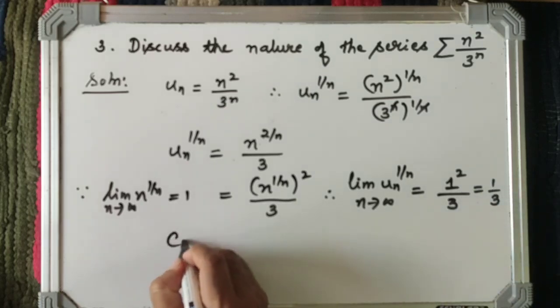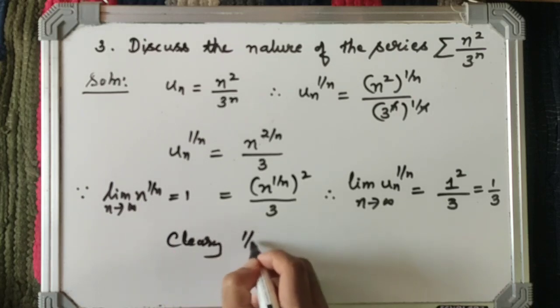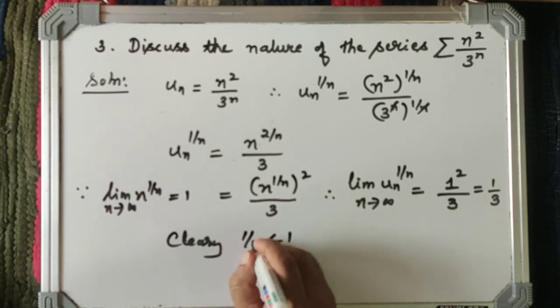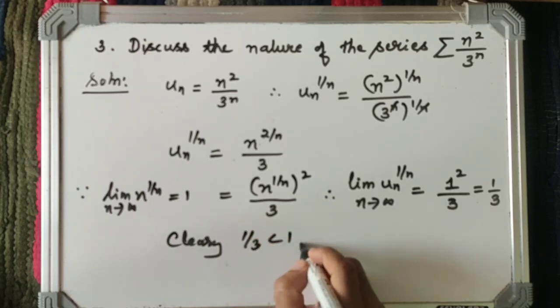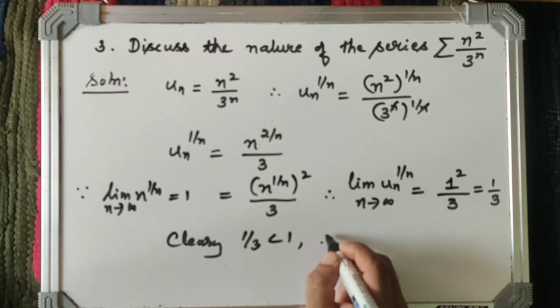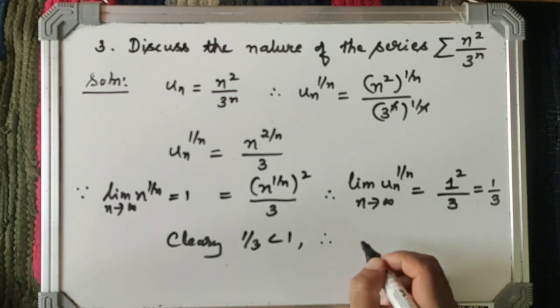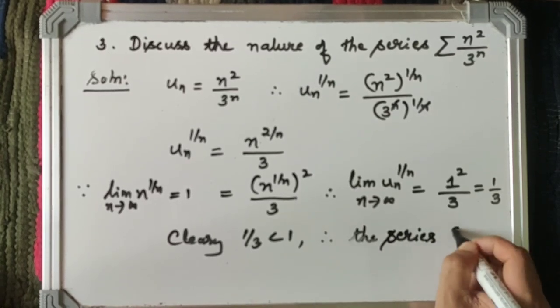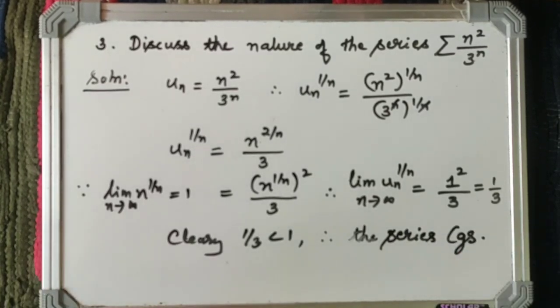So clearly 1 by 3 is less than 1. Therefore the conclusion is the series converges. This series also converges.